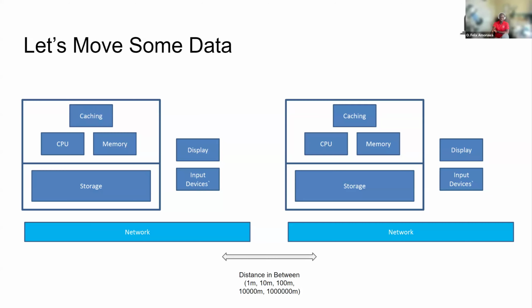Some of the variables that can come into play are their relative distance to each other. How are they actually connected? What are some of the ways that systems can be connected? Anyone want to throw out some ideas? Networking. Okay. What type of networking could exist?